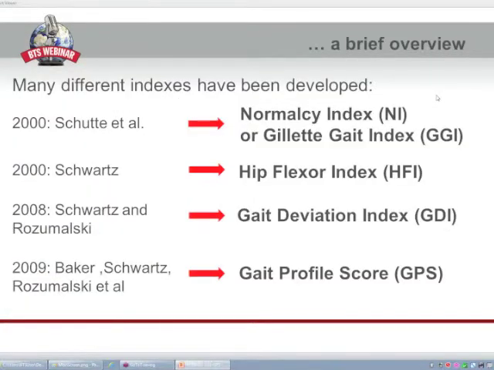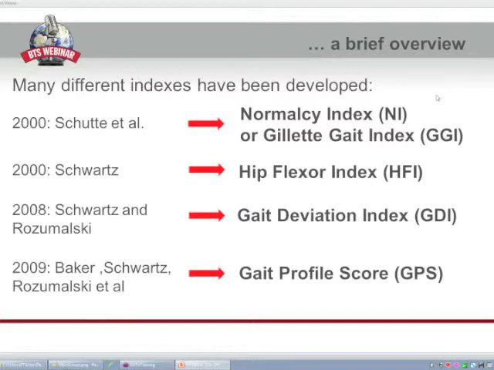As I told you, for the reasons discussed on the previous slide, over the years several multivariate gait indexes have been introduced as a means of assessing the overall outcome and the gait pathology. For example, the GGI, developed by Schutte and others in the 2000s, represented the first effort to join all the information coming from the clinical gait report into only one index.